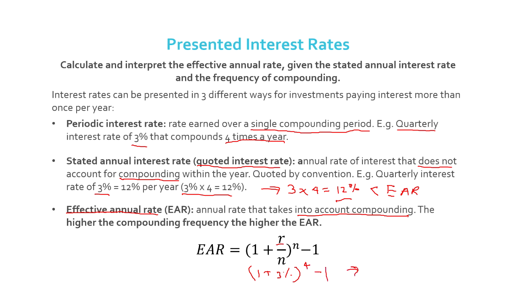That's going to give us some number that's greater than 12, which will be our effective annual rate, and that's taking into account the compounding over the course of the year. So it's just 1 plus our rate per period to the power of the number of periods, and then subtracting 1 to get our percentage rate.